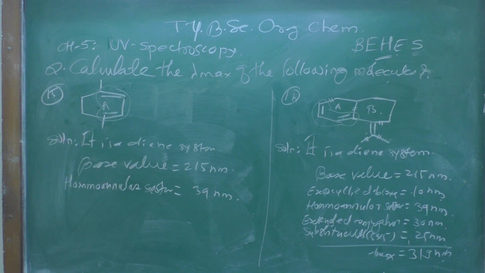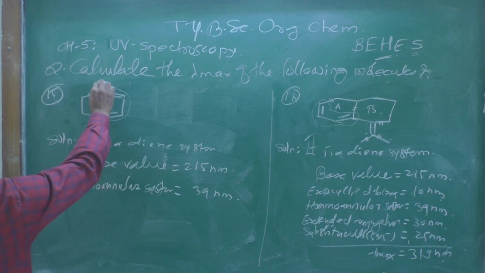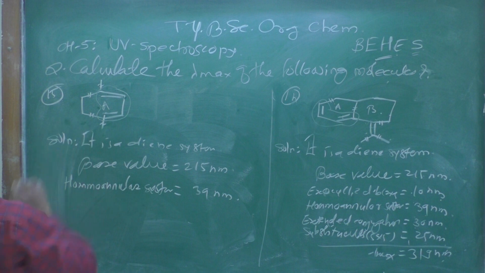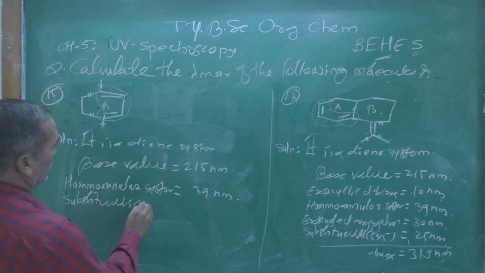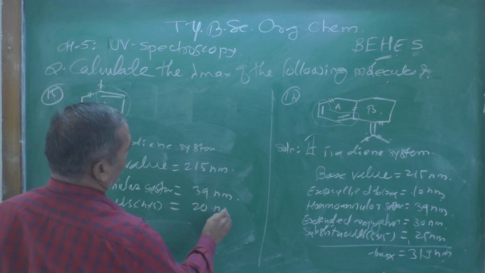Now the last one is the substituent. How many substituents are here? So count here: 1, 2, 3 and 4. There are 4 substituents. 4 into 5 is equal to 20 nanometer.